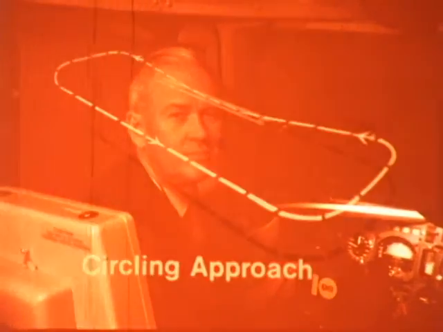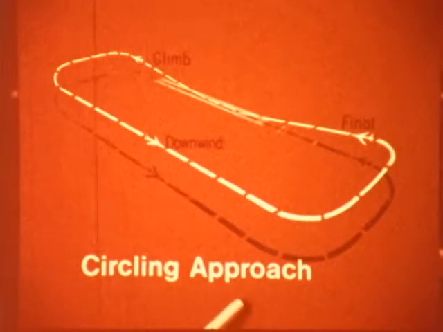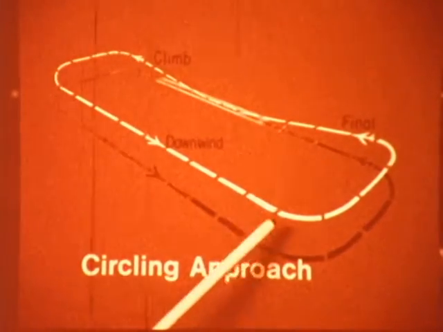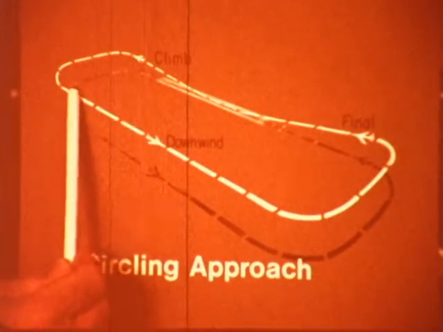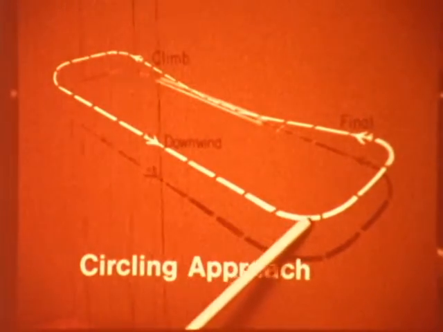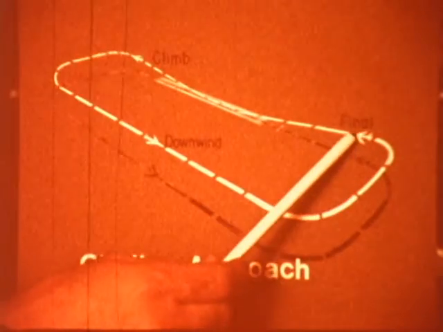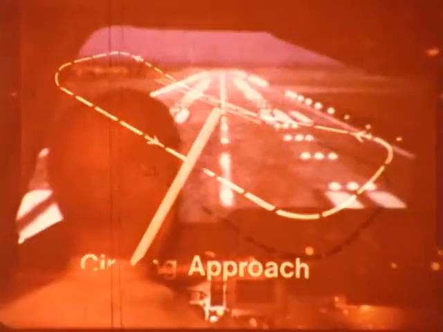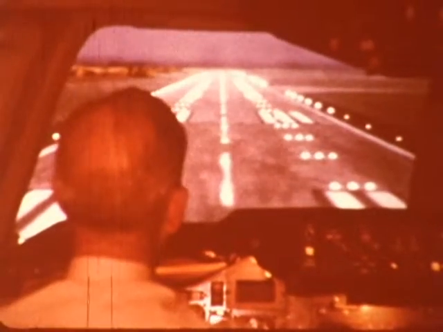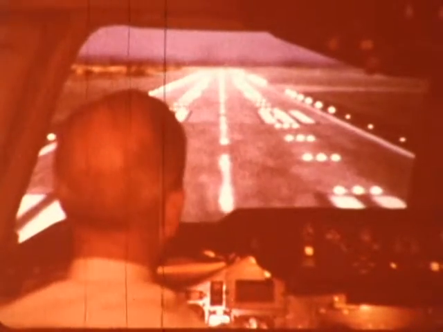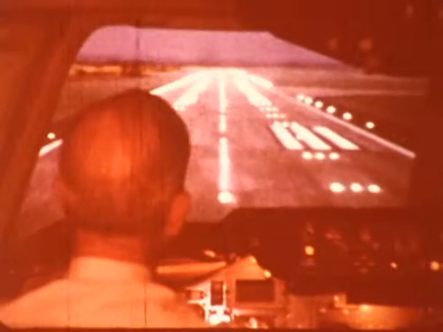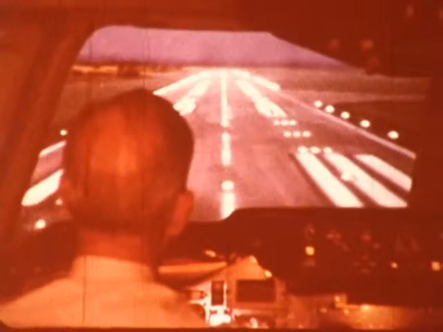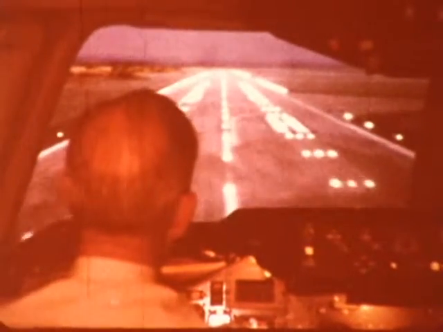Welcome aboard. Our first maneuver will be the circling approach as demonstrated by the takeoff and climb, downwind leg, base leg, turn on to final and land. During the takeoff roll, our captain uses ground reference cues to maintain runway alignment.